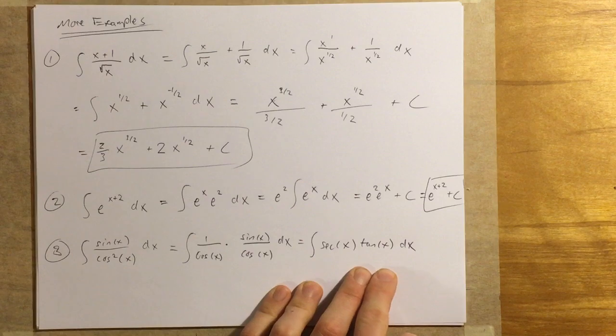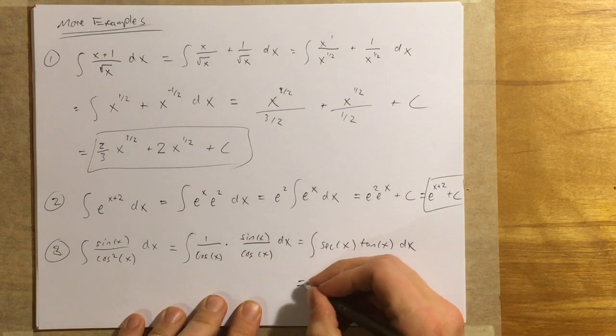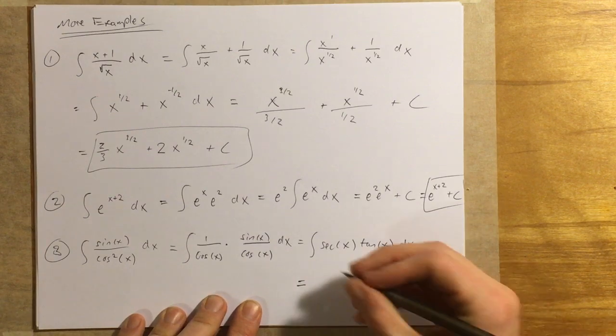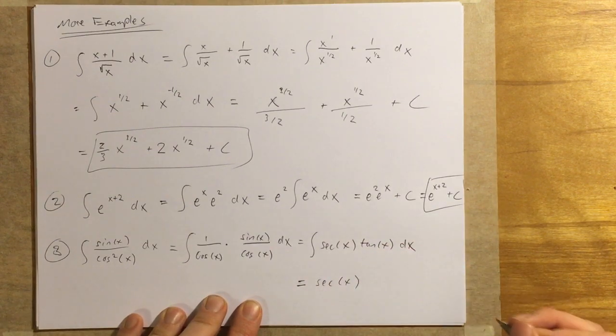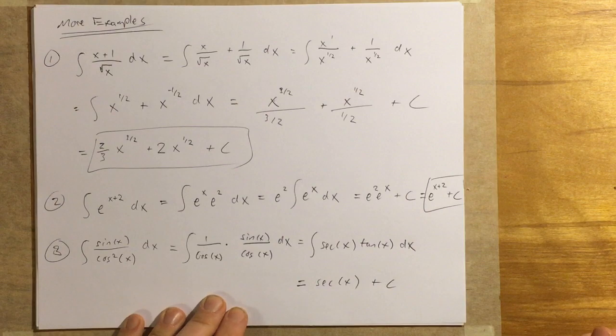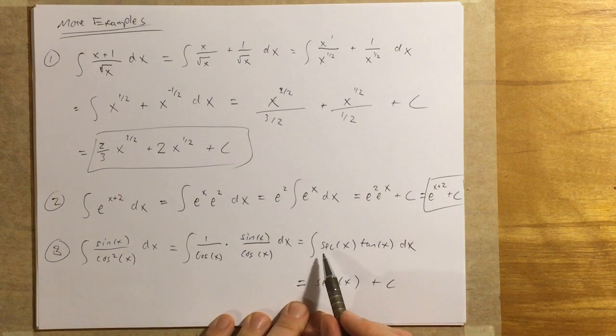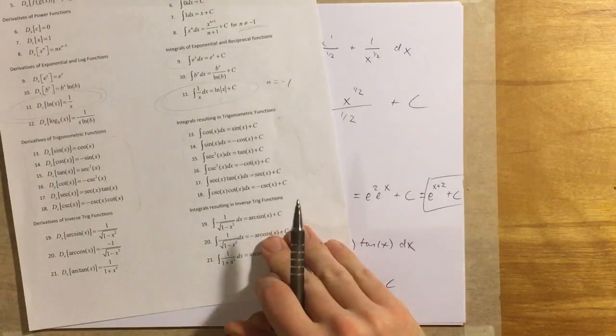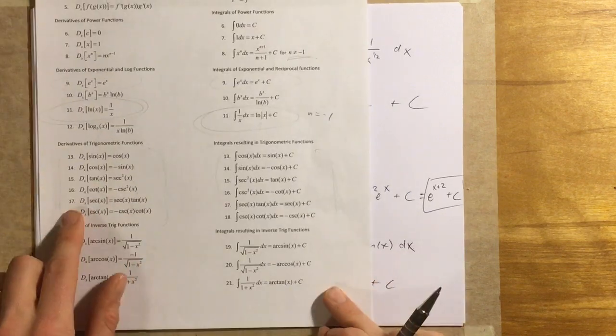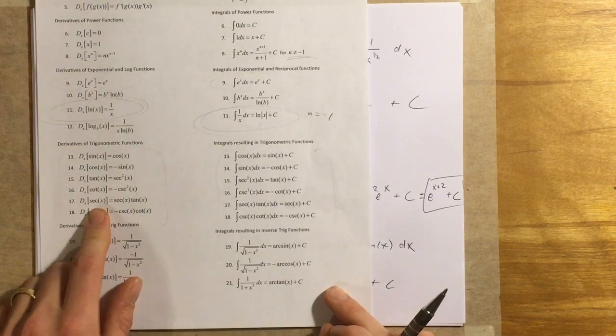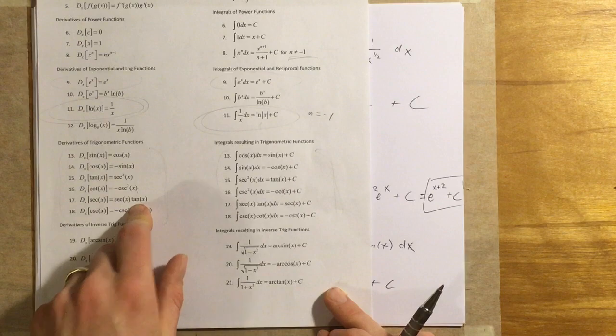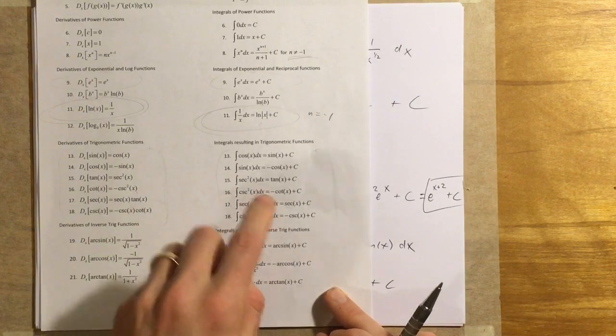What is that the derivative of? It's the derivative of secant of x. So an antiderivative for this is secant of x plus a constant. So this is just recognizing a differentiation rule in reverse. Number 17 here is the derivative of secant x is secant x times tangent of x. So the antiderivative of secant times tangent is secant plus a constant.